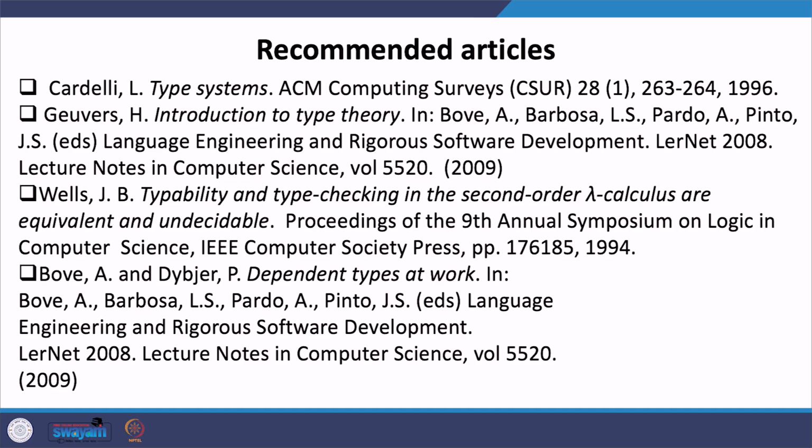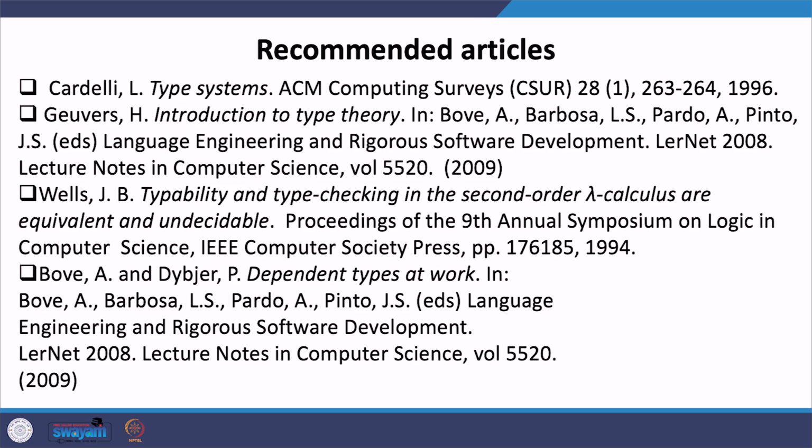So to summarize today's discussion, we discussed strongly polymorphic types and these different problems like the type checking or principal typing problem and the type inhabitation problem, and we have given a very brief exposition on dependent types. And these are the articles you are requested to see.